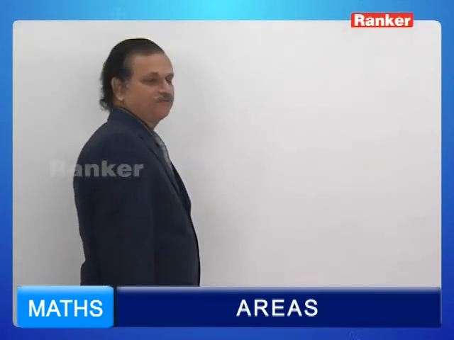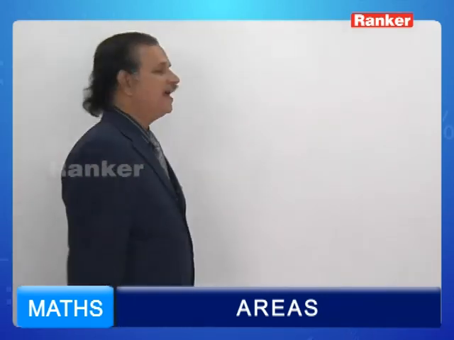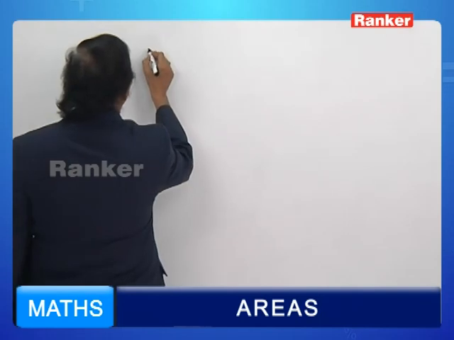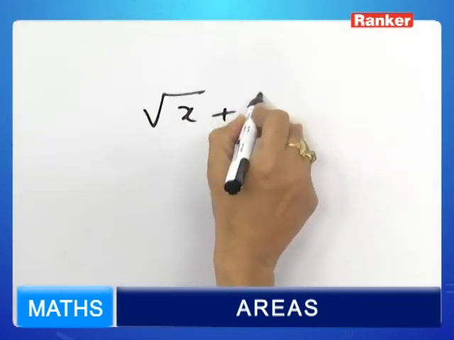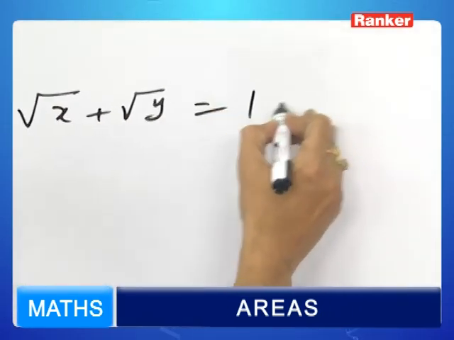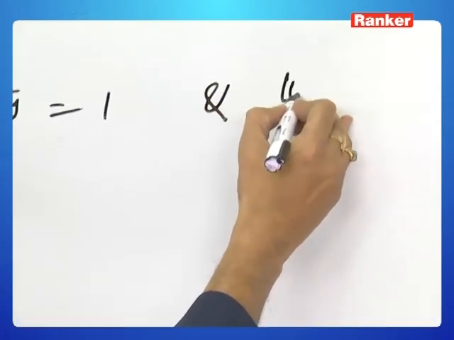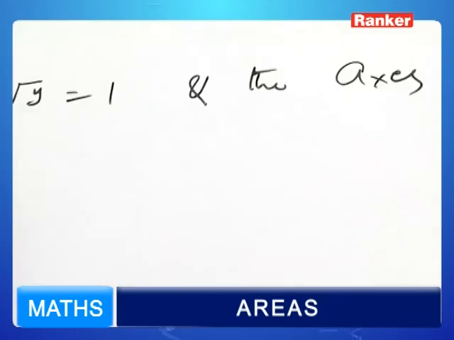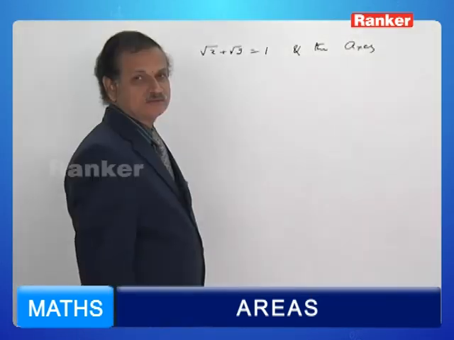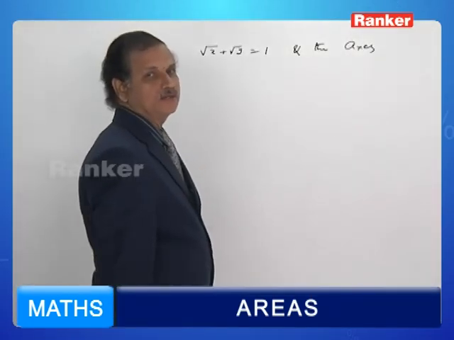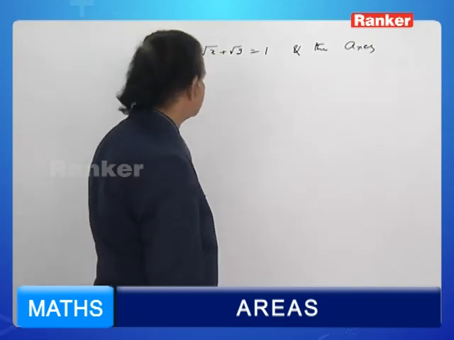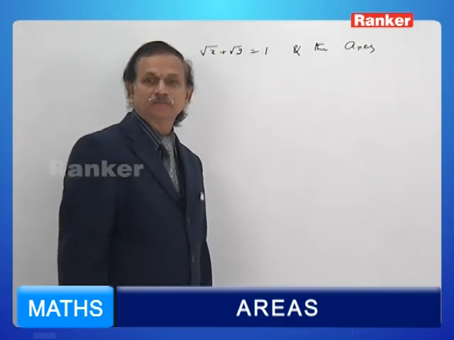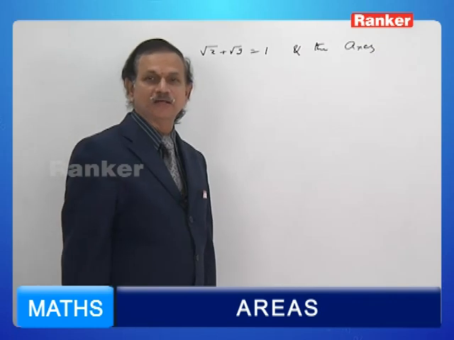The next question before us is, find the area bounded by the curve root x plus root y is equal to 1 and the coordinate axes. Where does this meet the x-axis? At x is equal to 1. Where does this meet the y-axis? At y is equal to 1.